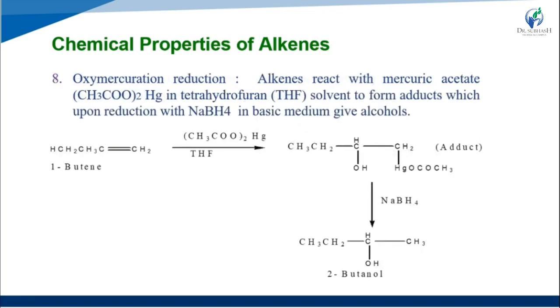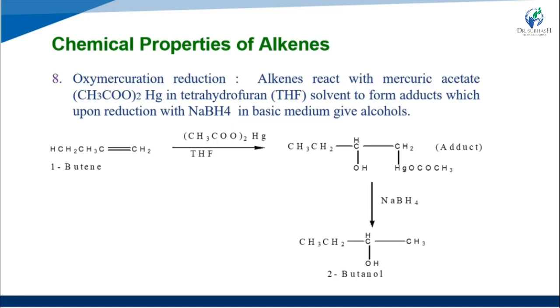Now the last one, that is the oxymercuration reaction. Alkenes react with mercuric acetate, that is (CH3COO)2Hg, Hg is mercury, in tetrahydrofuran, that is THF, solvent, to form the adduct, which upon reduction with NaBH4 in basic medium gives the alcohol.